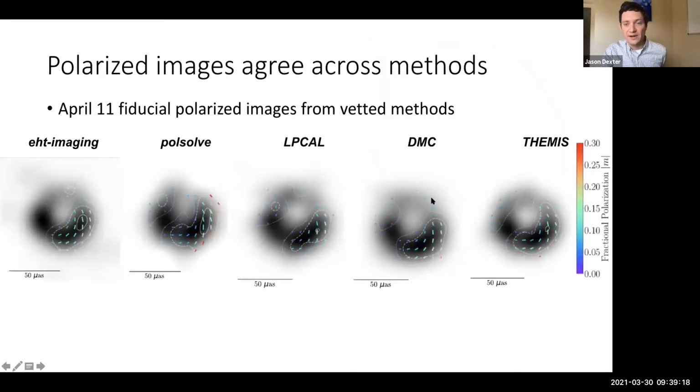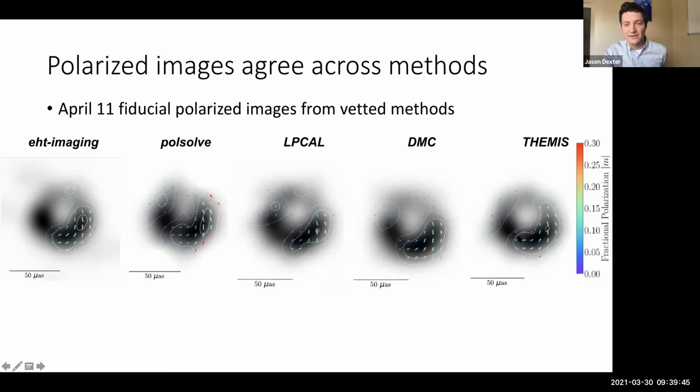Okay, so I think a couple of punchlines from the huge technical achievement of making these polarized images. A couple things: we have many different methods for reconstructing polarimetric images, regularized maximum likelihood methods, CLEAN-based methods commonly used throughout astronomy, and then even Bayesian fitting methods to try to fit for the polarization at each pixel.